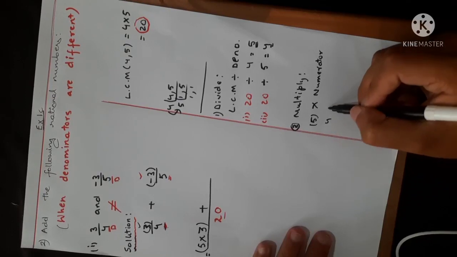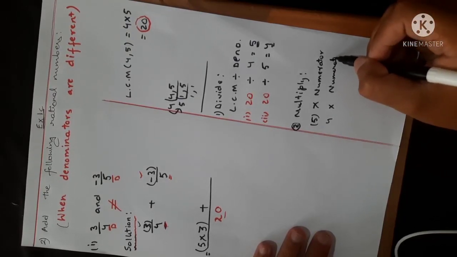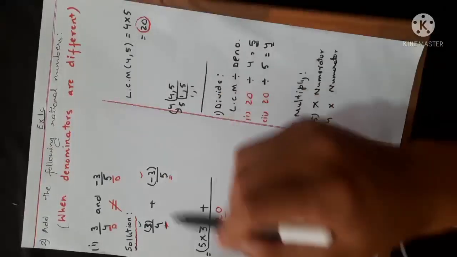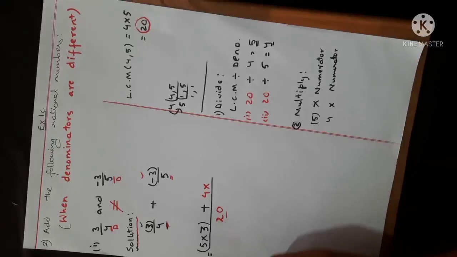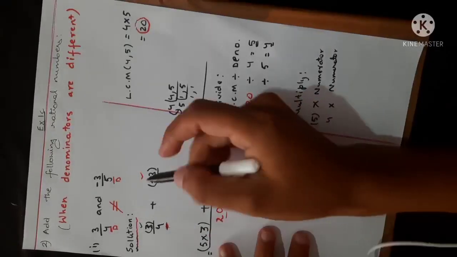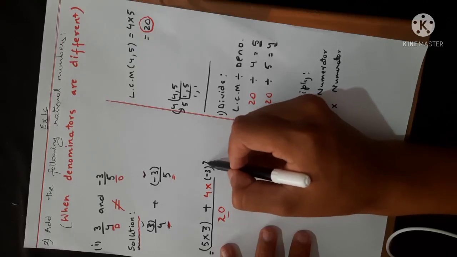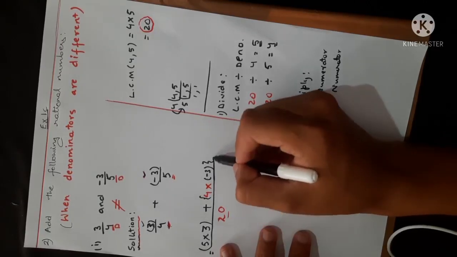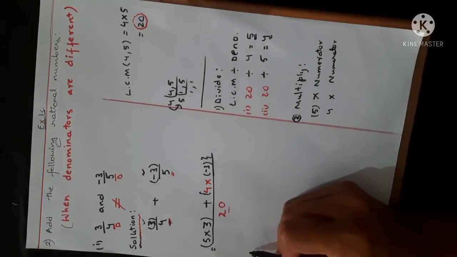You should multiply with the numerator. So we have taken this second fraction here. Numerator here is minus 3. This is the shortcut method. Okay, multiply minus 3.